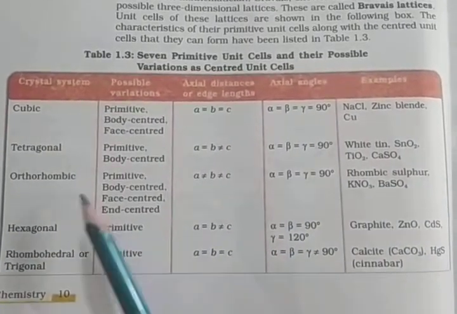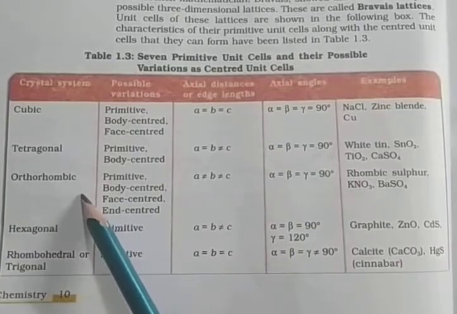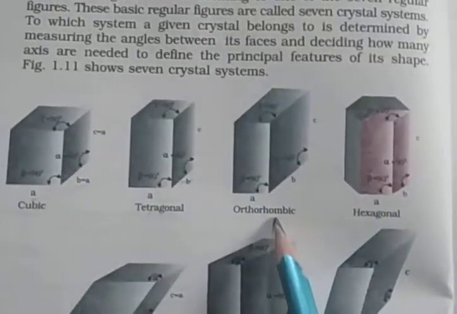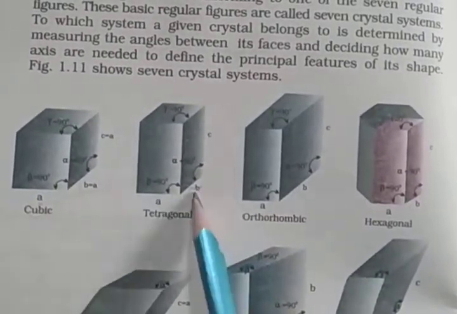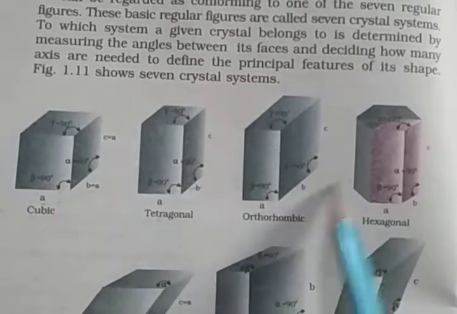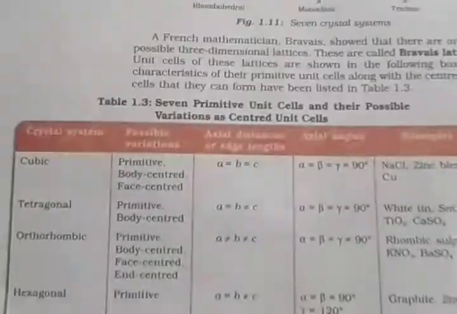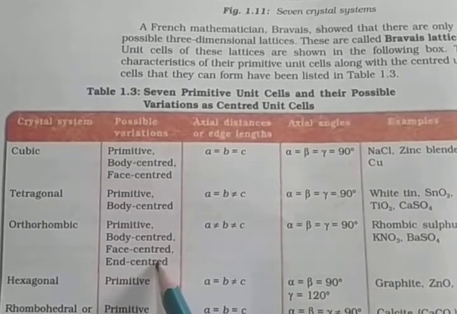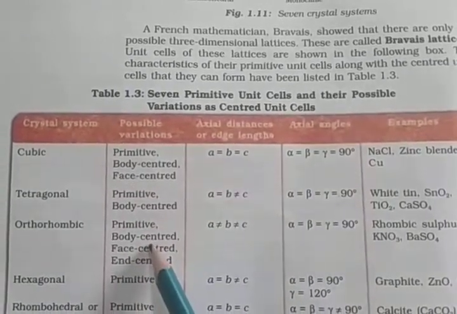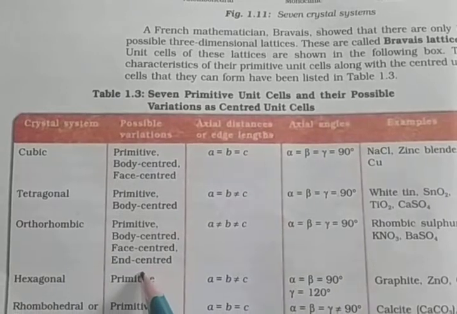Then the third one is the orthorhombic crystal system. Compare cubic, tetragonal and orthorhombic. In orthorhombic, four types of possible variation are present: primitive, body centered, face centered and end centered.